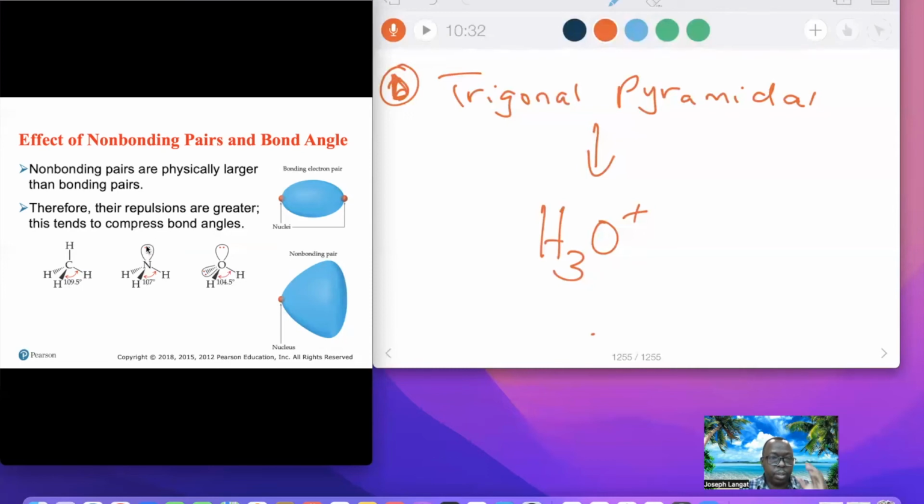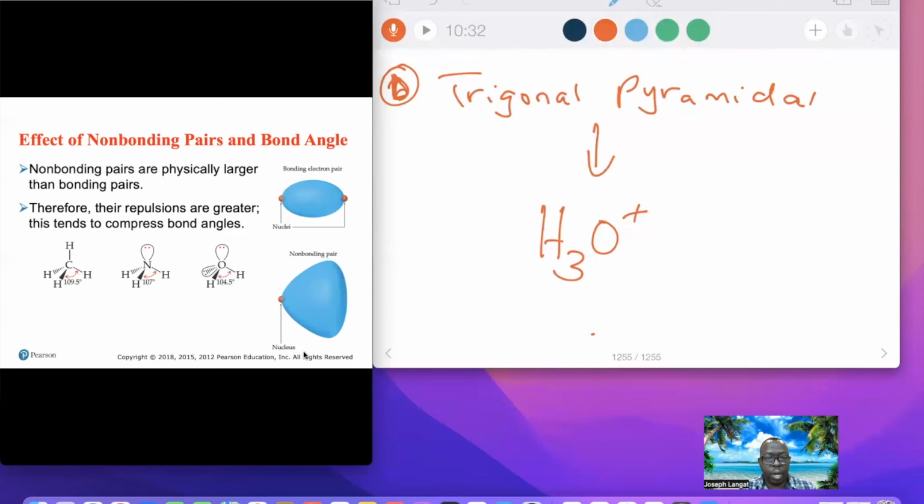But if you look at the effect of non-bonding pairs on the central atom, they tend to squeeze, they tend to repel. In other words, the decrease in bond angle has to do with the repulsion between the non-bonding pair on nitrogen for ammonia and the single bonds we have here.